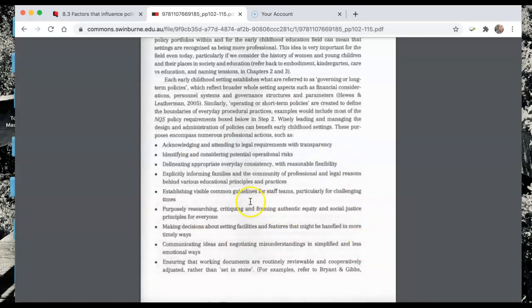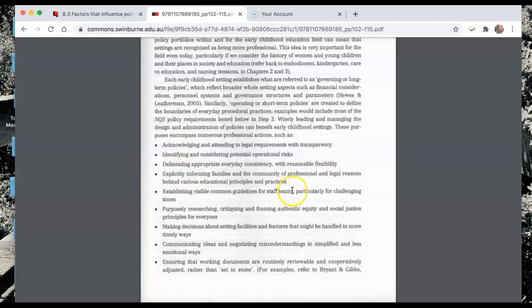And a lot of these dot points can be related particularly to step 1 in terms of having transparency, identifying the risks. You need to have consistency. So policy is there to ensure that everyone is on the same page and everyone understands what they're doing, so that the person couldn't turn around and say, I didn't understand that I wasn't supposed to be taking photos of children during the Easter egg hunt.